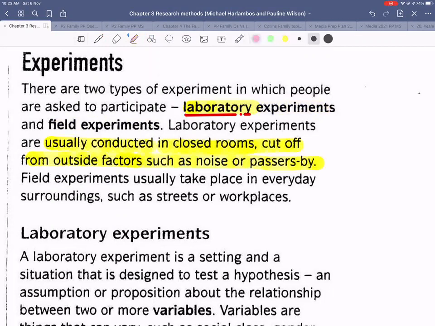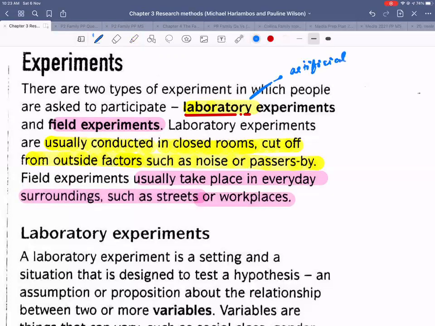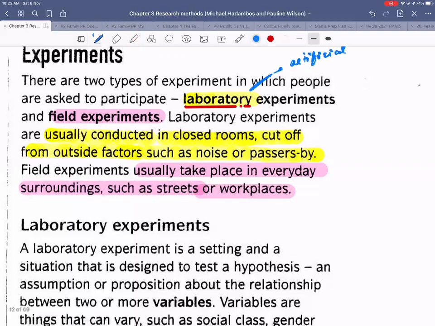However, field experiments usually take place in everyday surroundings such as streets or workplaces. Let me write this down over here. Artificial environment. Right?